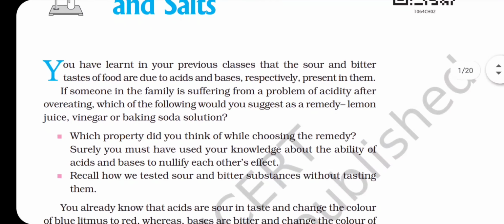If someone in your family is suffering from the problem of acidity after overeating, which of the following would you suggest as a remedy? Lemon juice, vinegar or baking soda.